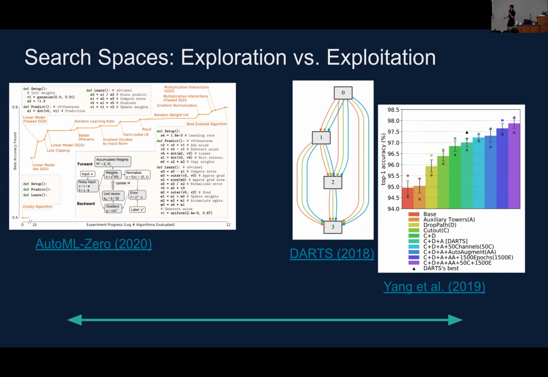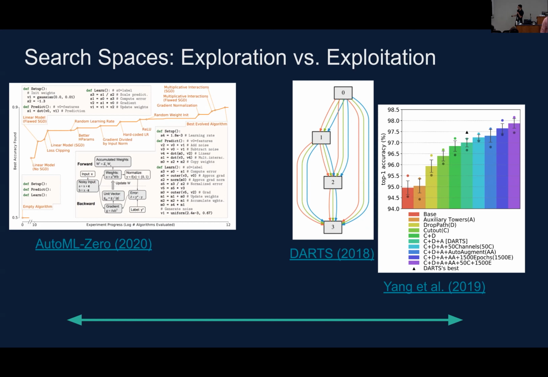So on the slide, I have two of the extremes. On the exploration side, we have AutoML-Zero, which searched over just the most low-level operations, like multiplying vectors together, so this search really could have found anything. They found that it showed a primitive version of backpropagation, which is pretty interesting, but it takes so much compute time that it didn't discover the next transformer or anything.